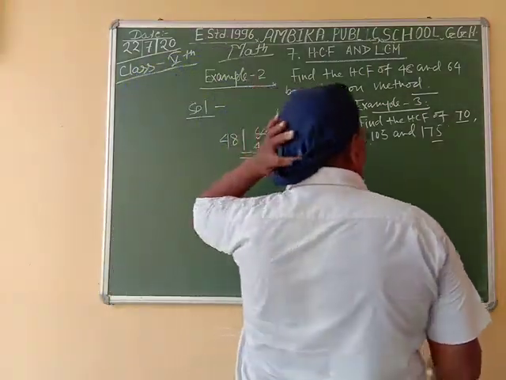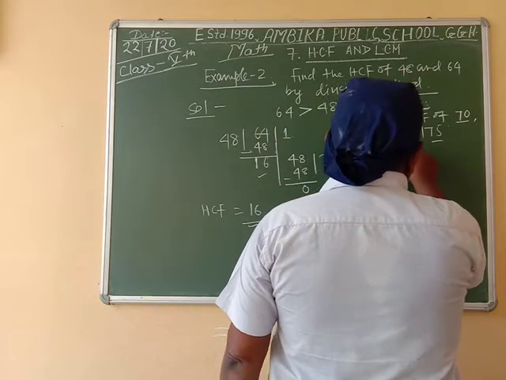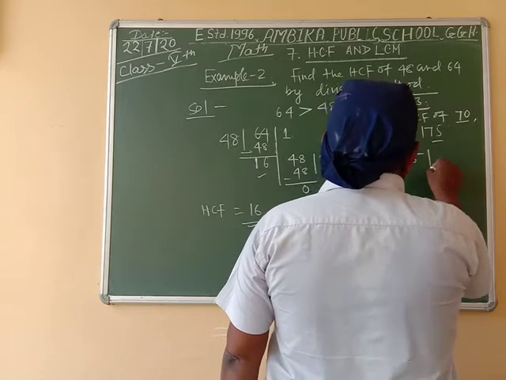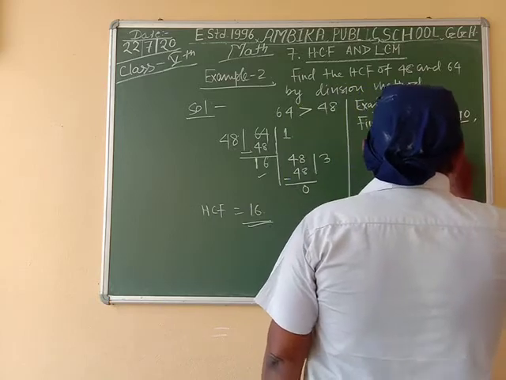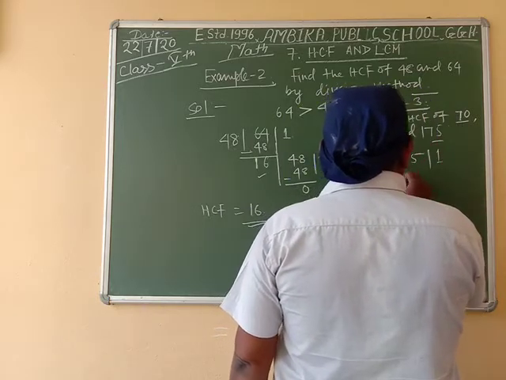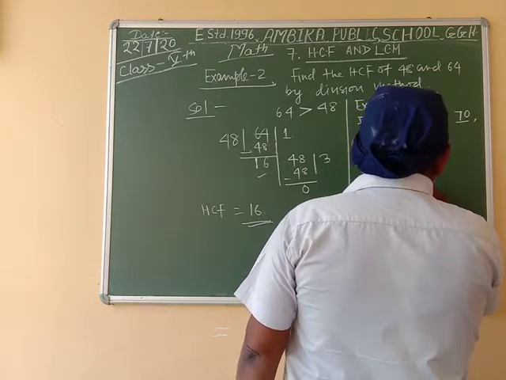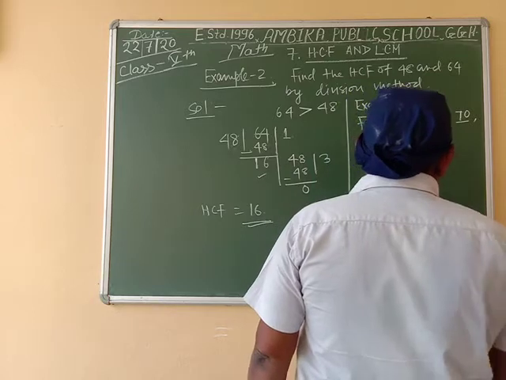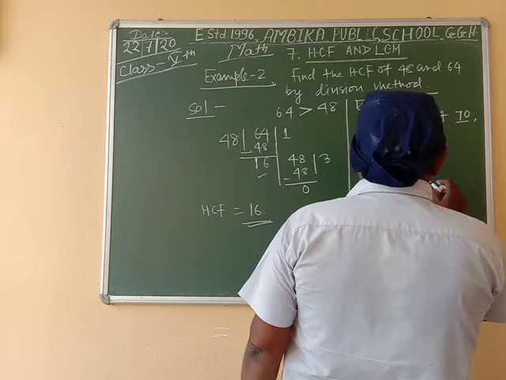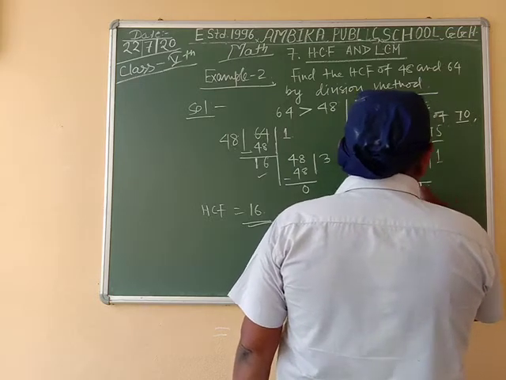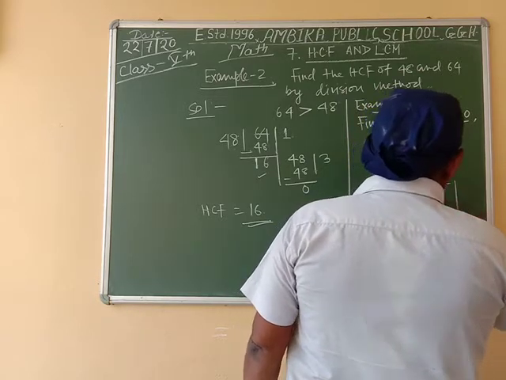So first of all, we divide 175 by 105. Taking quotient 1, we write 105. On subtracting, 5 minus 5 is 0, and 7 minus 0 is 7, so the remainder is 70. So we continue our process, taking 70 as divisor and 105 as dividend.